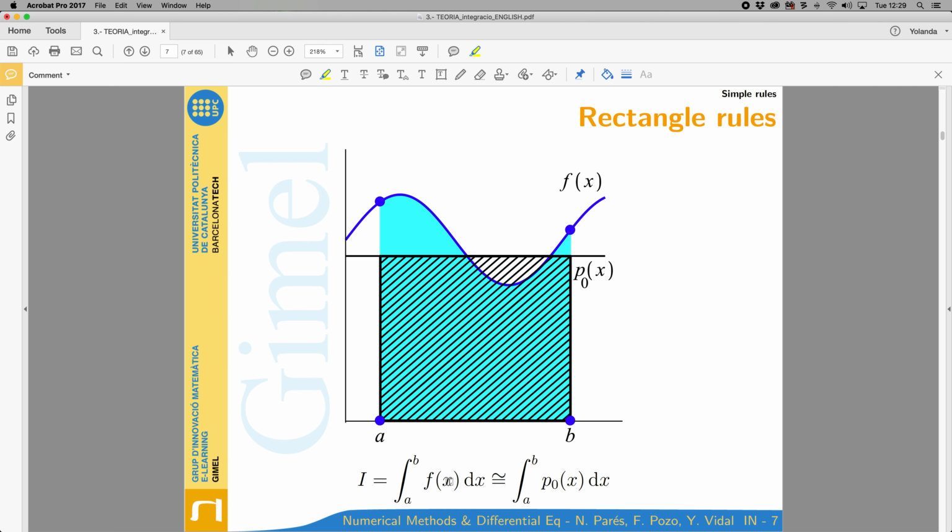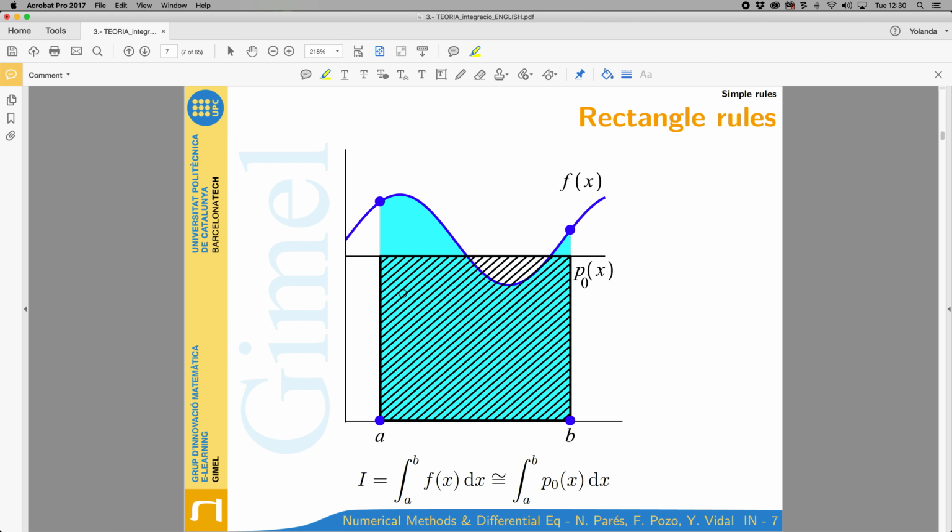As I cannot compute this exactly, I decide to approximate f of x using a very simple function, a constant function. Here, for example, we are using this value of the function at this point to decide the height of this rectangle. So this method is called the rectangle rule because it approximates the shape of the function in the whole interval just using a rectangle.